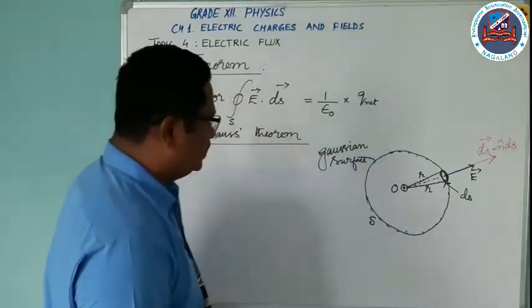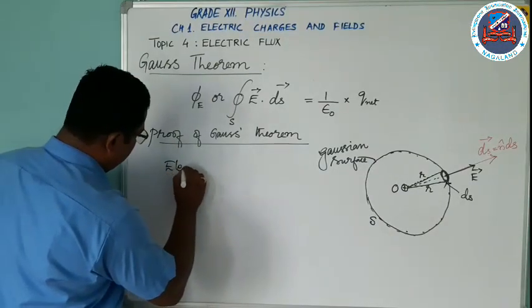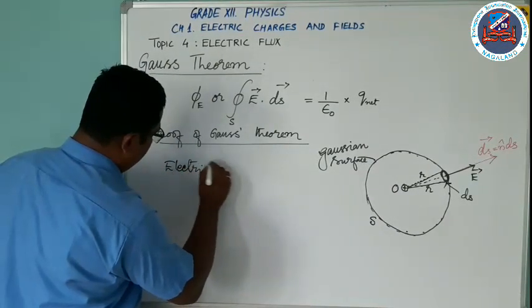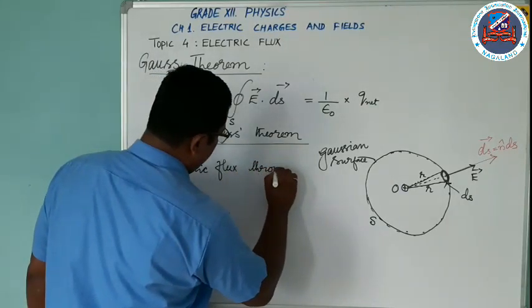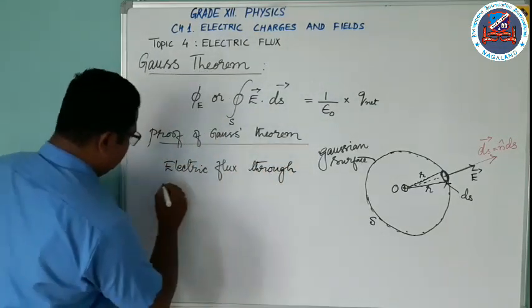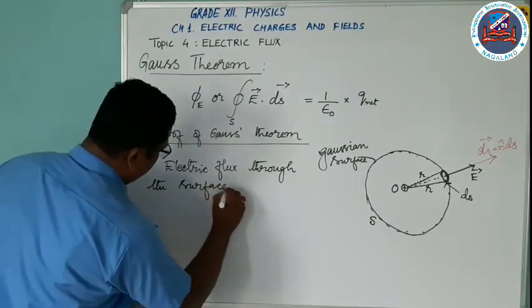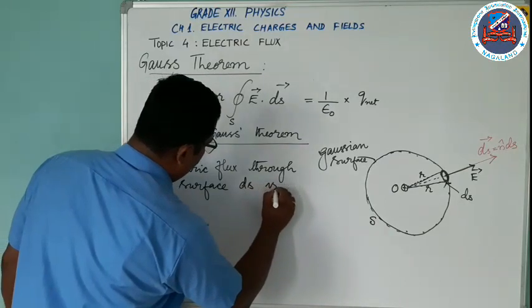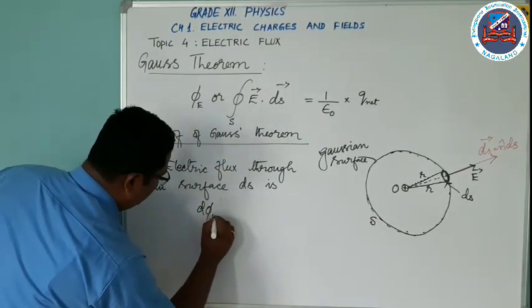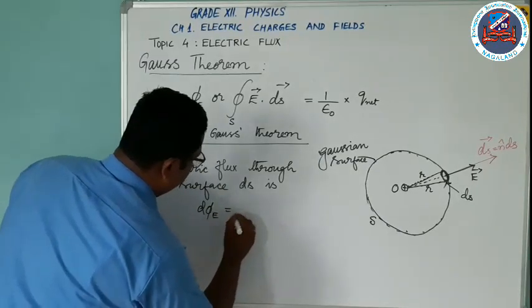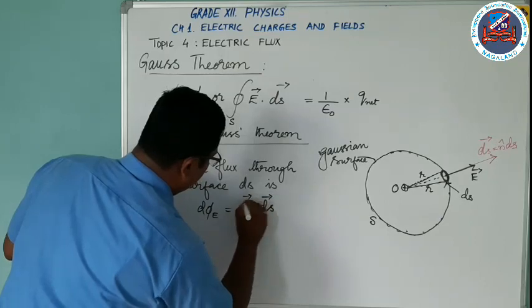The electric flux through the surface ds is d phi e equal to E dot ds.